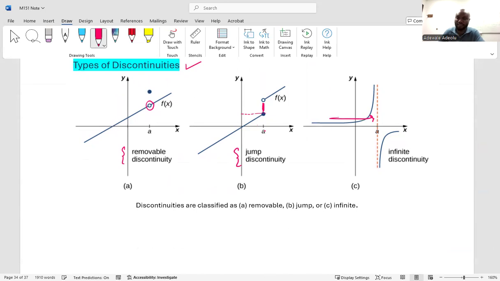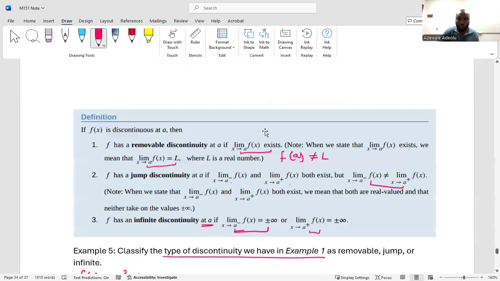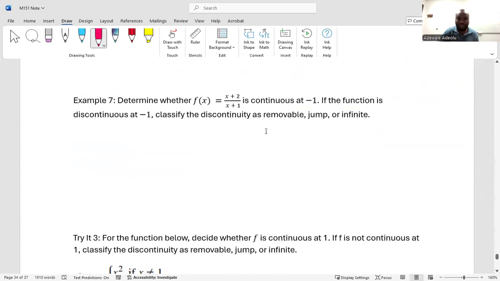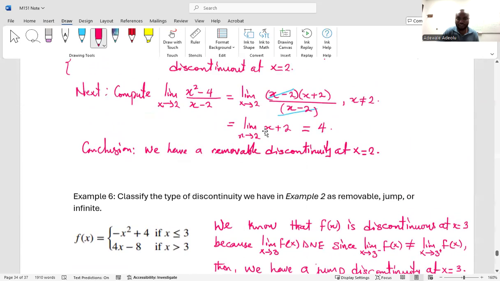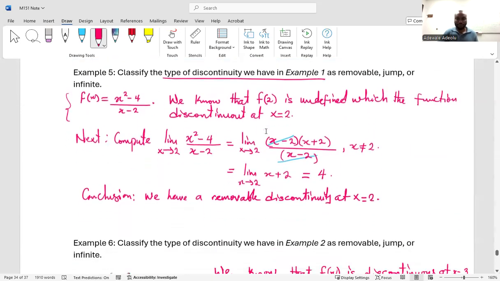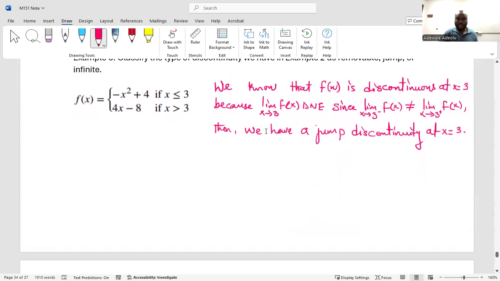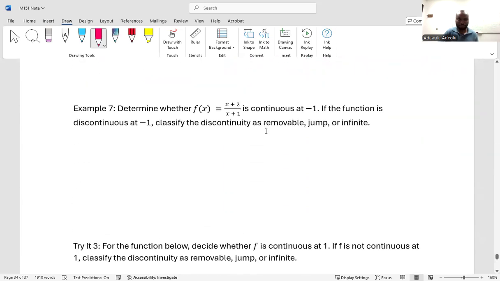F of a exists. So it is not enough for us to know the type of discontinuity we have here. Also here, f of a actually exists. It is here. So it is not enough if it is defined at that point. So we really need to talk about the limit itself. That is why you see that we are still talking about the limit in both situations. I hope that makes sense.